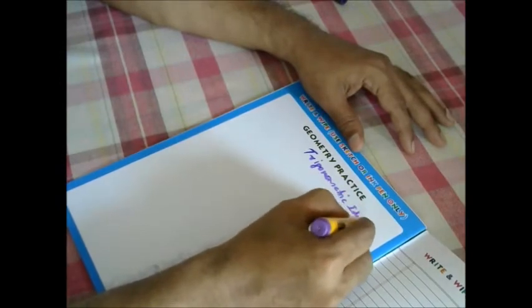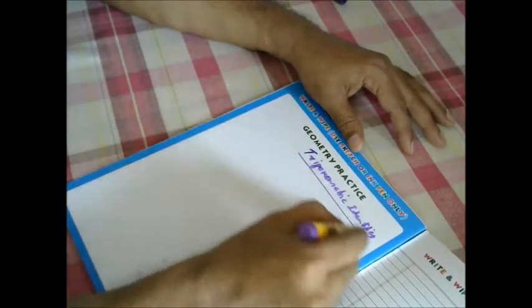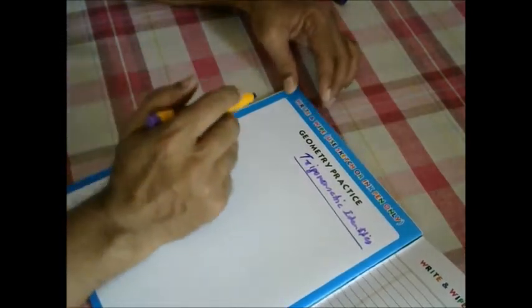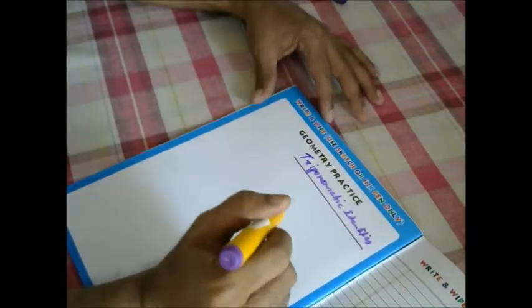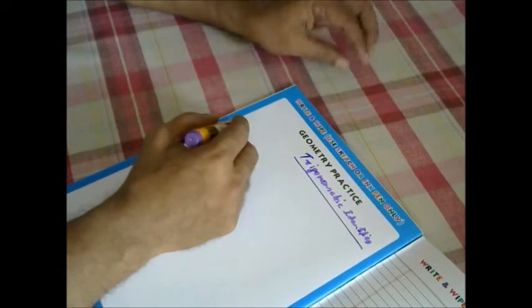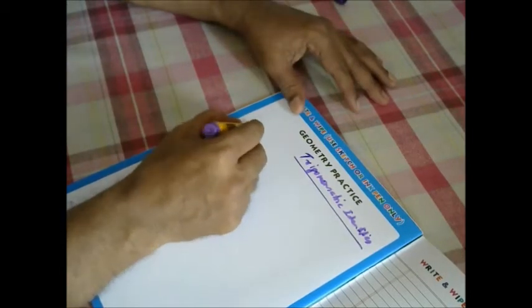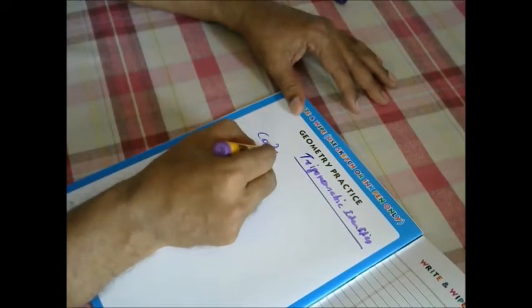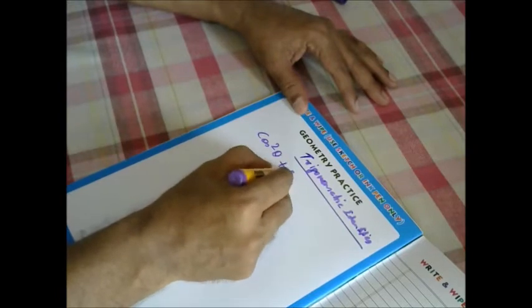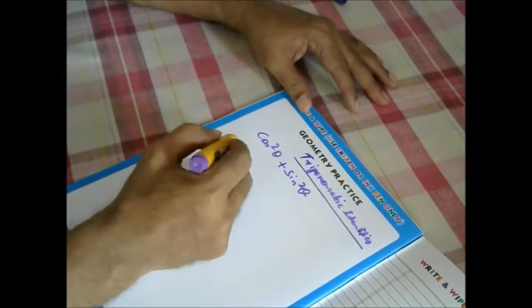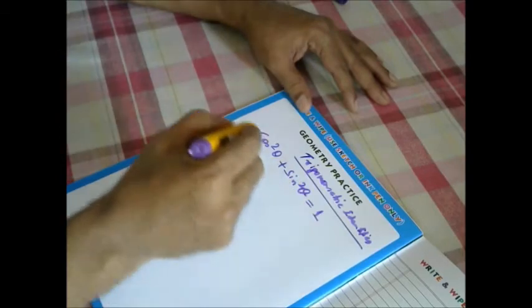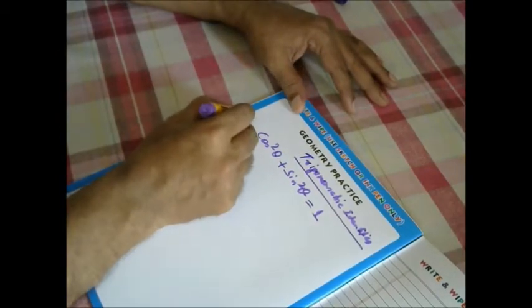Trigonometric identities. So what it is actually, cos square theta plus sine square theta is equal to 1. Okay, so this is the first identity.